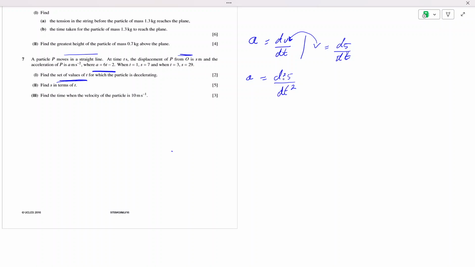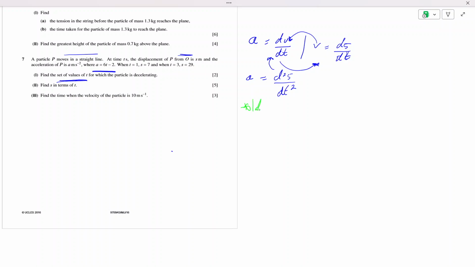So if we integrate that once, we'll get that. Then we integrate again, we'll get that. Right? This function, right? Then we'll get our s. So I'm going to write it like that.